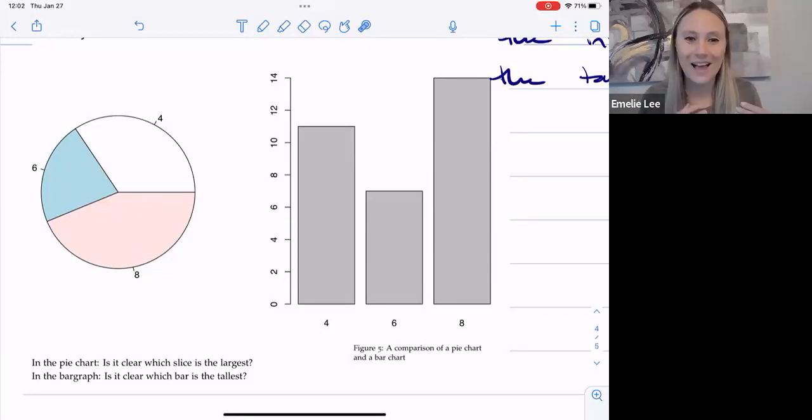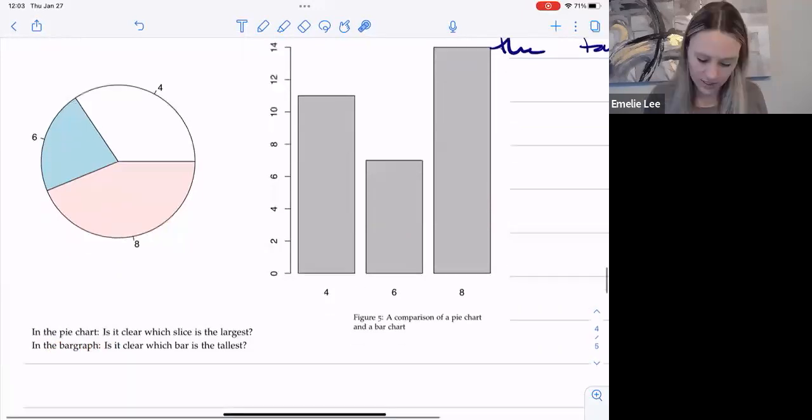And so my goal is to have everyone say, okay, for categorical data, we'll use bar charts. Why? Because the differences in the heights of the bars is easier for our eyes to detect. And that's the whole goal, right, of visualizing data, is to have something that's easy to see and quick and concise to visualize. Okay, and so here in the pie chart, is it clear which slice is the largest, right?